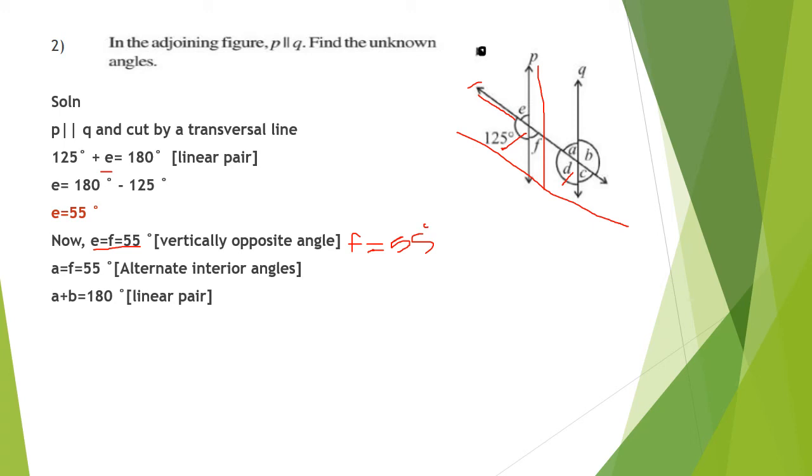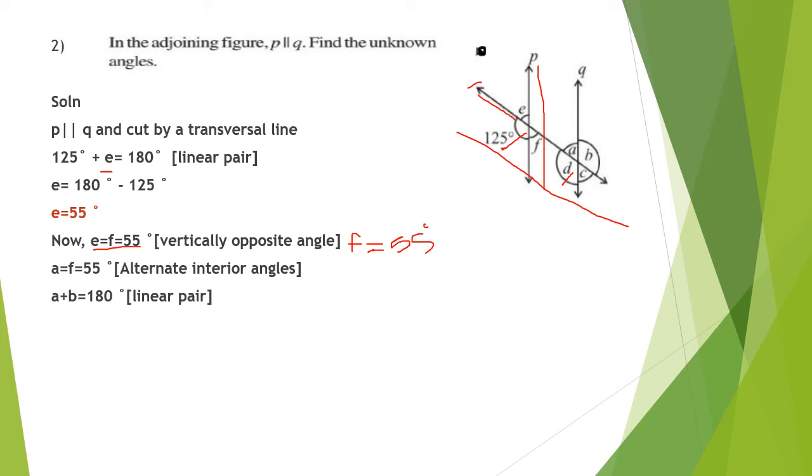First we will start with A. We want to find out angle A. Angle A we can find out without calculation, because F and A are alternate interior angles. We know that alternate interior angles are equal, so angle A is equal to 55 degree.